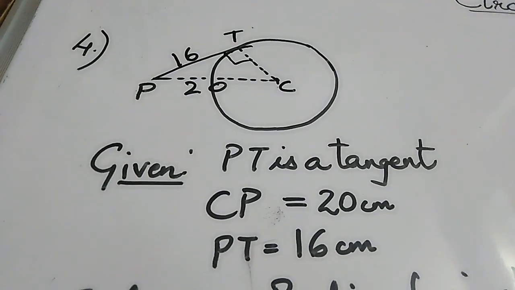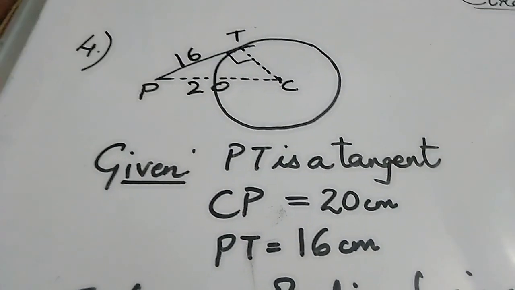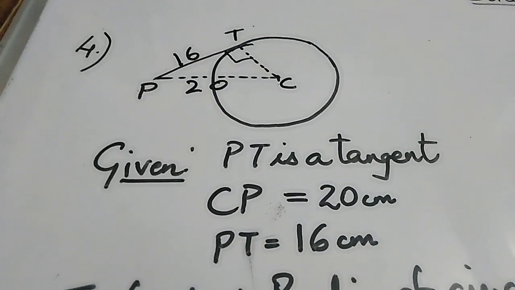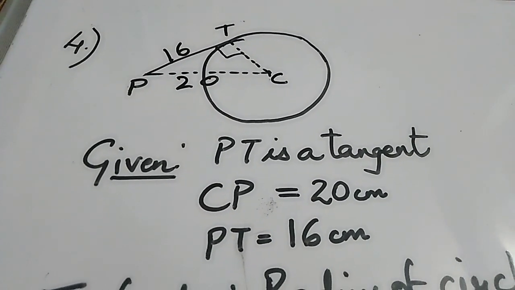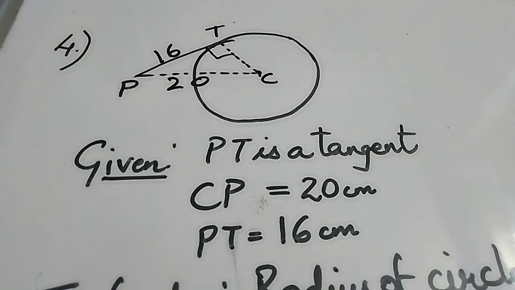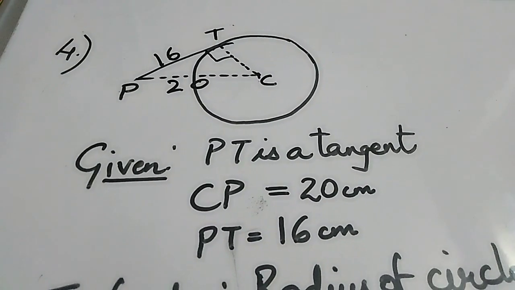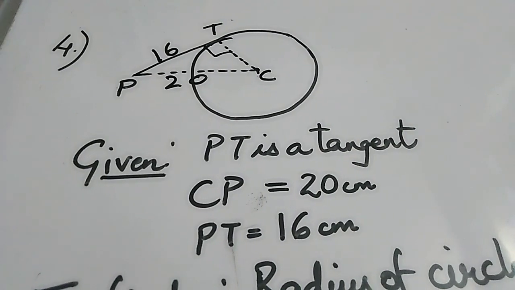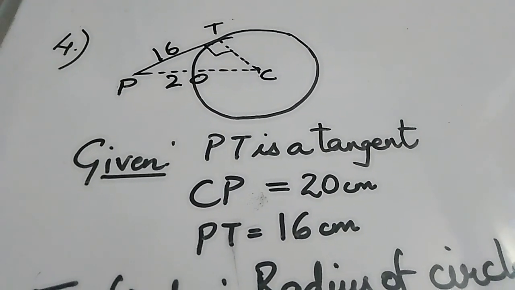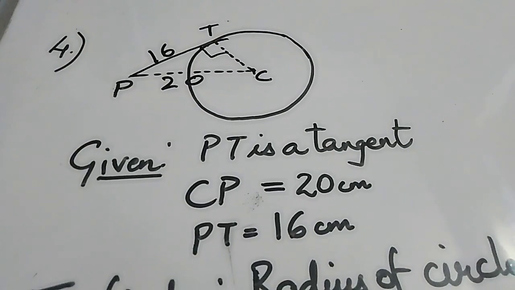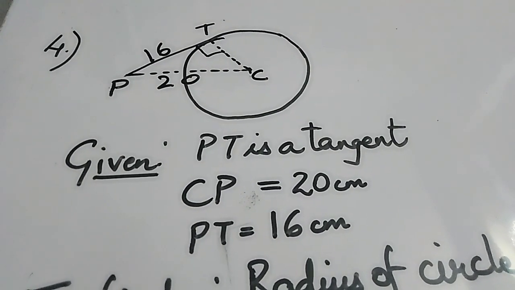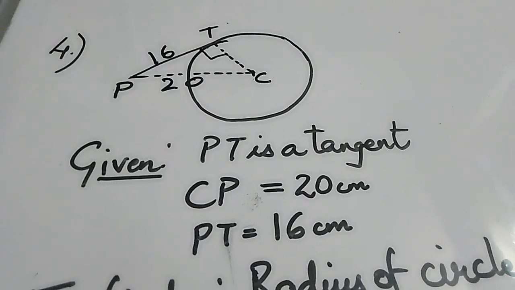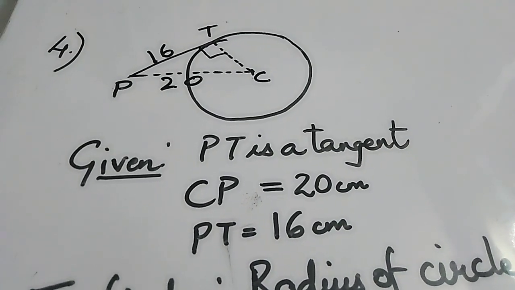It is a right angle triangle, and whenever a right angle triangle comes to your mind, Pythagoras theorem should automatically come. PC is the hypotenuse, PT is the perpendicular, and CT, which is also the radius, can be called the base. Now apply Pythagoras theorem to triangle PTC and you can calculate CT, the radius of the circle.